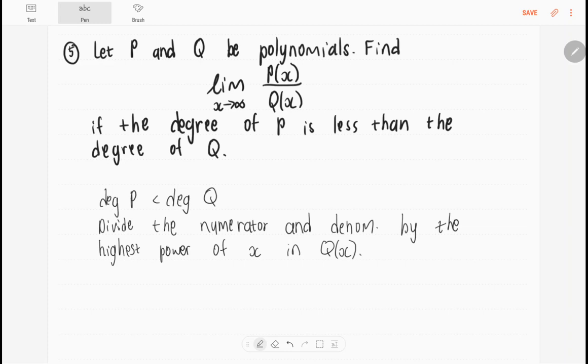What's going to happen then, since the degree of the numerator is less than the degree of the denominator, and we've divided by the highest power of x in the denominator, is our numerator is going to approach 0, but not our denominator.